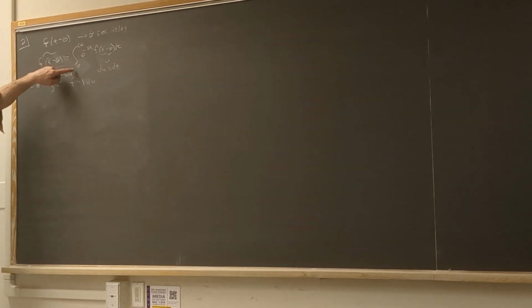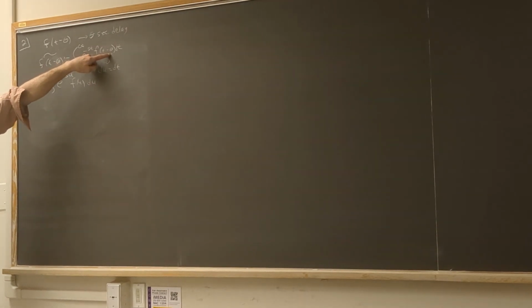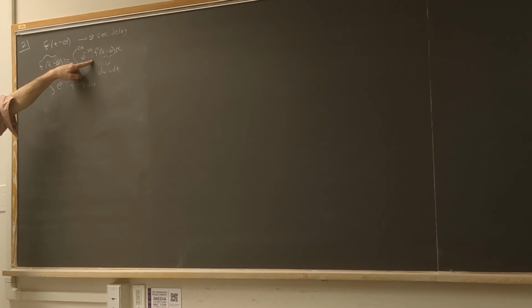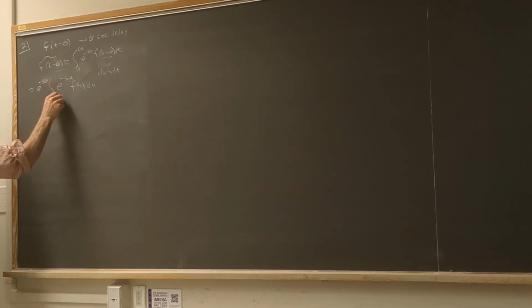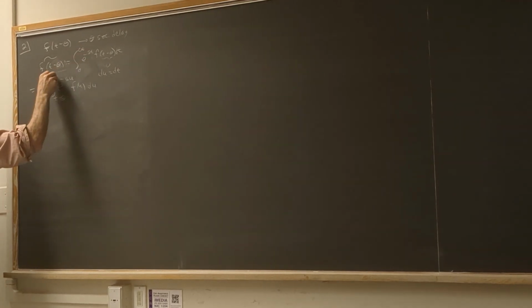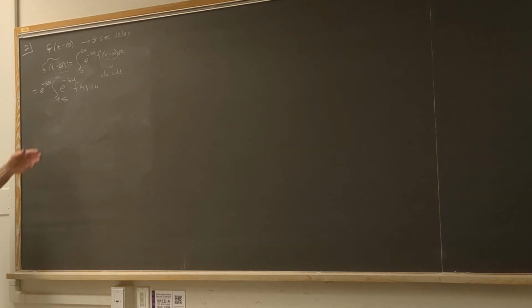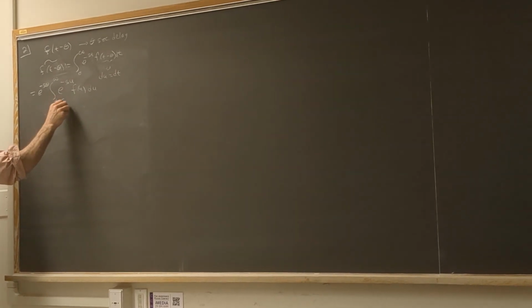And when t is 0, u is minus theta. But f is presumed to be 0 when its argument is less than 0. So even though infinity minus theta is still infinity, since f is 0 for u less than 0, I can just replace the lower limit with 0.